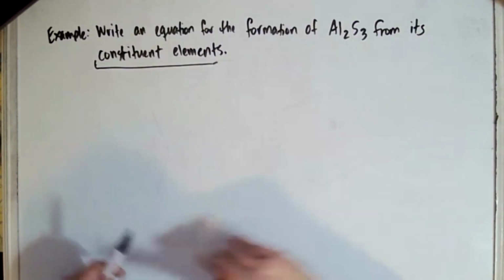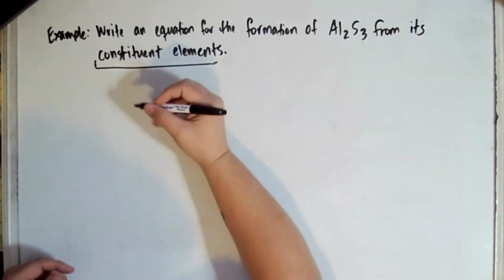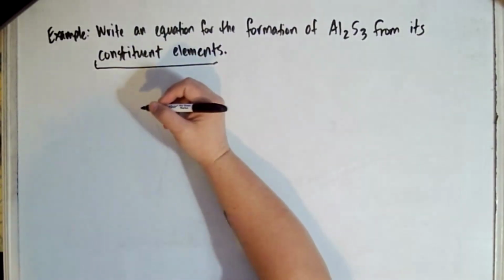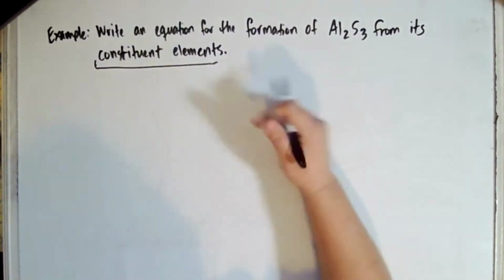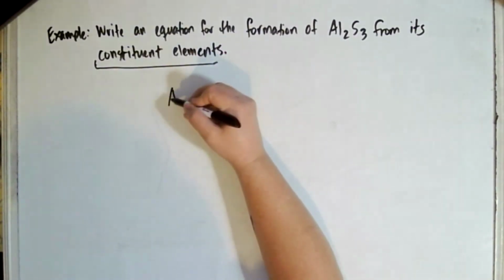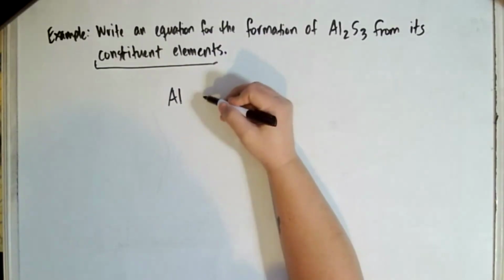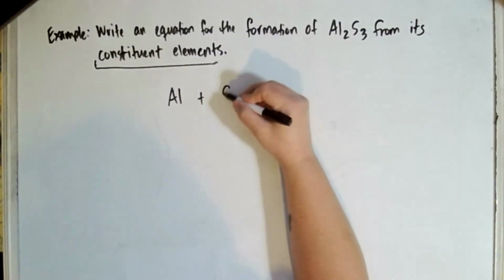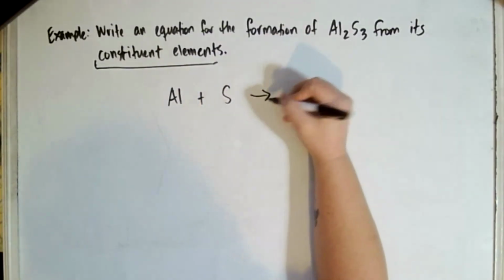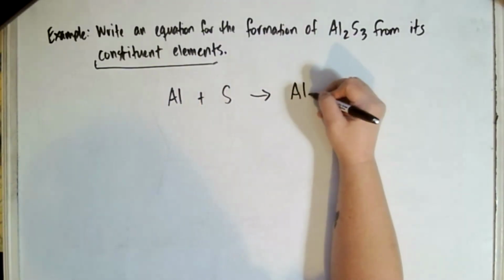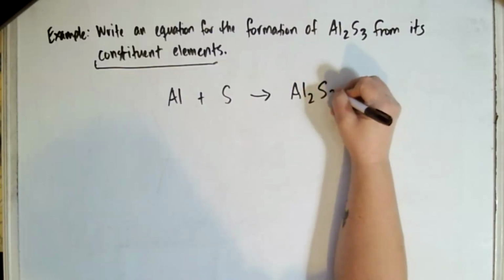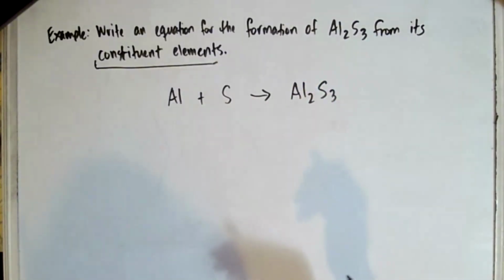Al2S3 is going to be formed from aluminum and sulfur. So we could start out by writing that skeletal reaction that we talked about. We've got aluminum plus sulfur, and it makes Al2S3.